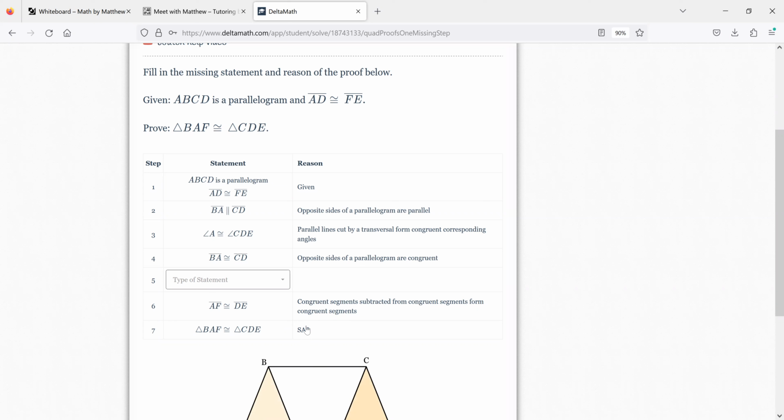Which feels like it's enough to give that the triangles are congruent. Side, angle, side. Oh, we don't have a reason though. Why are the angles congruent?